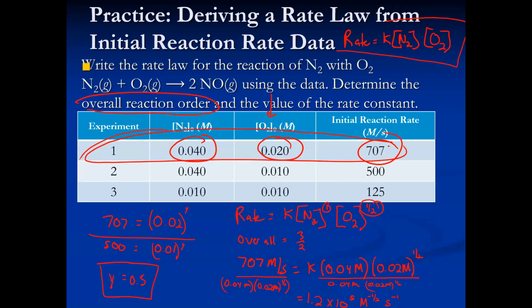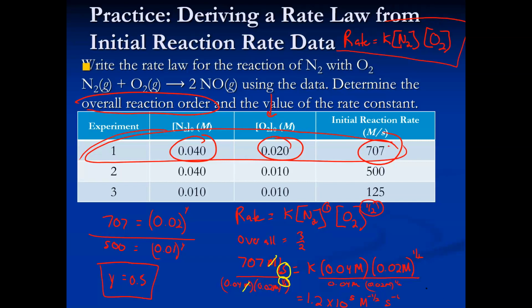So we can see here, I'm going to try this in a different color. This m is going to cross off with this m, but we still have this s on the bottom, hence to the negative 1, and then the 1/2 on the bottom, hence to the negative 1. So our units are m to the negative 1/2, s to the negative 1, right?